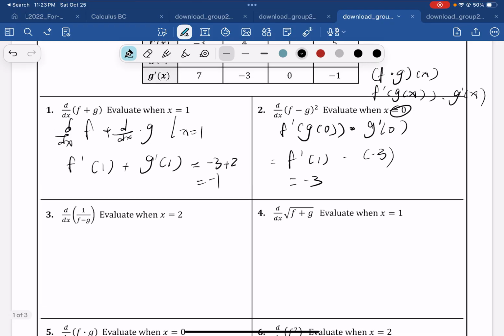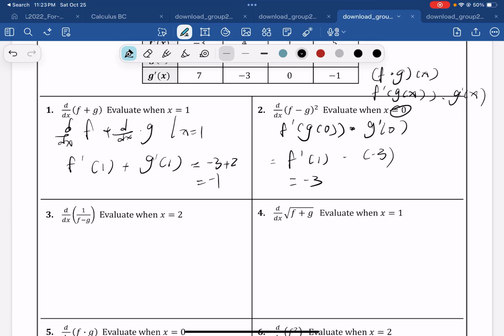For the next one, you're asking us the derivative of 1 over f minus g when x equals 2. It's a quotient rule. I mean, you don't have to do quotient rule. Instead, we could use chain rule to this one.